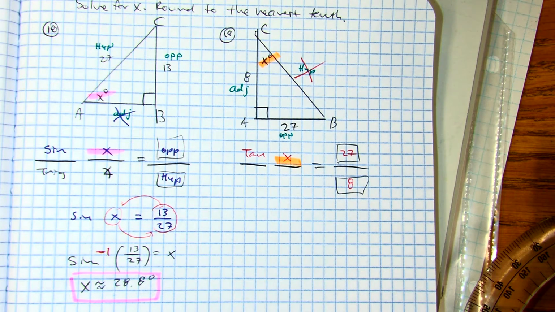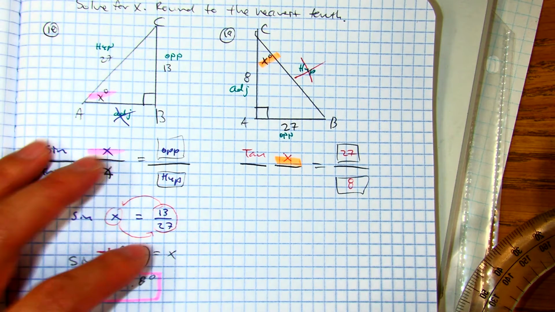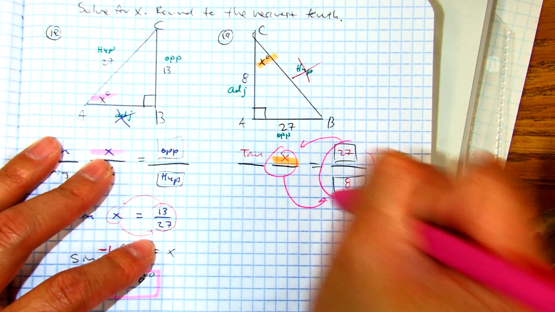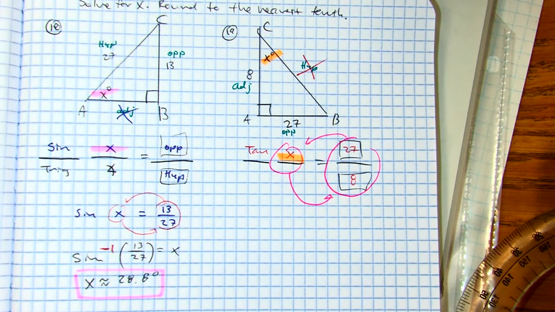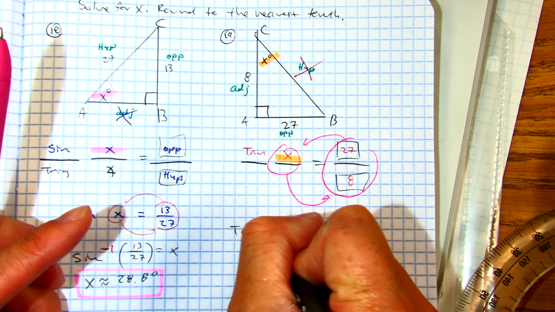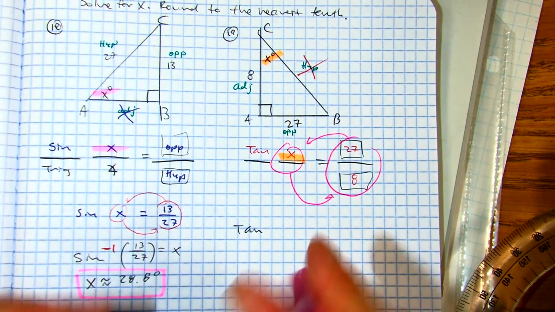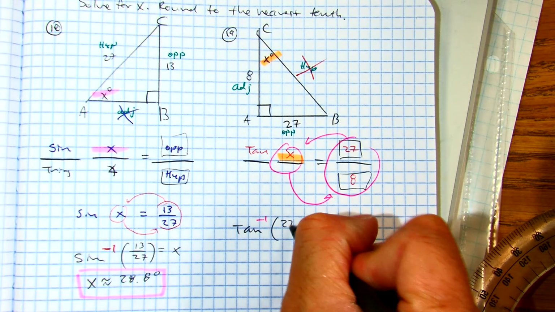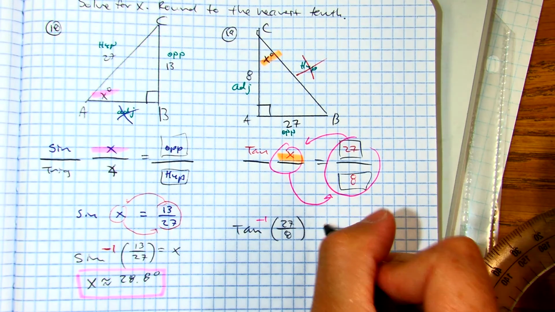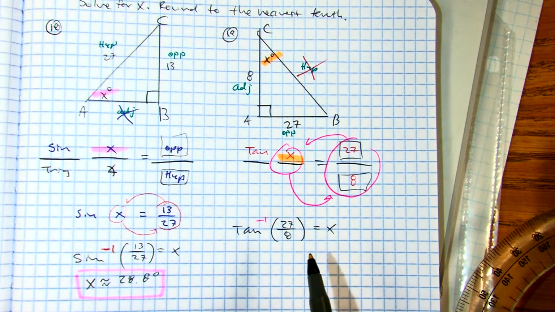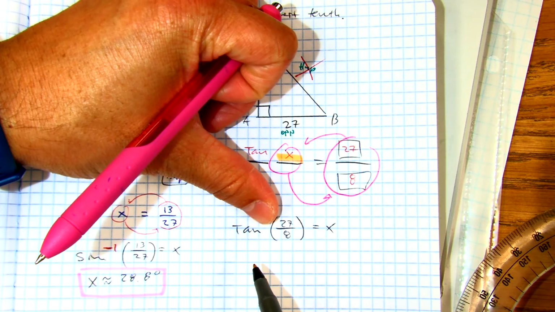There's a pink pen. Jonathan V, tell me what to write. Super important, guys. I know the students who made mistakes in the past are going to write tangent 27.8 and they're going to get a decimal.